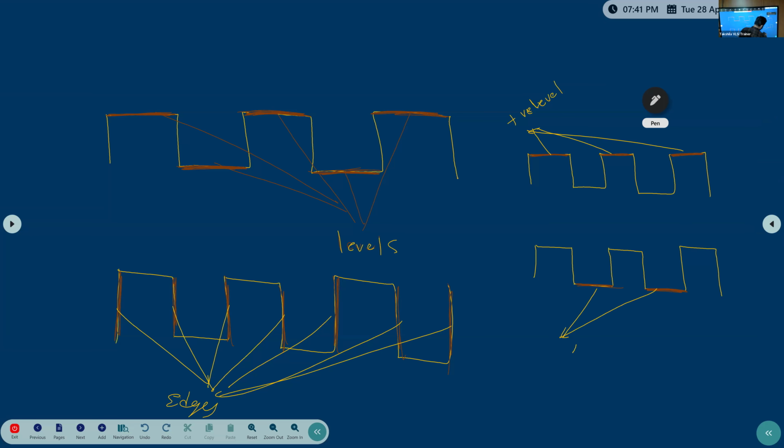This is the negative level. Levels are two types: positive level and negative level.